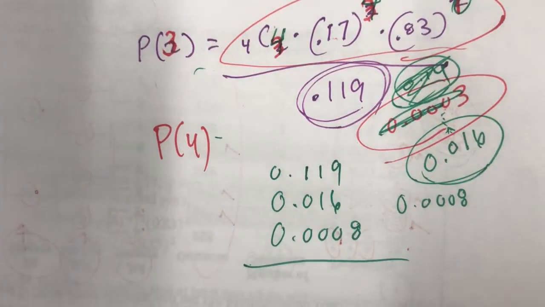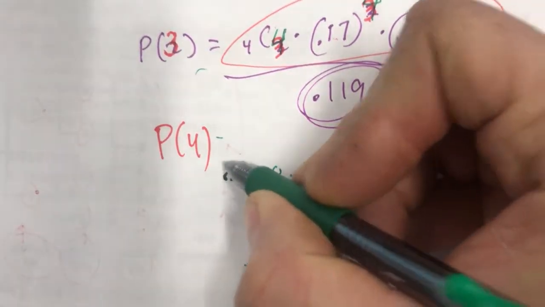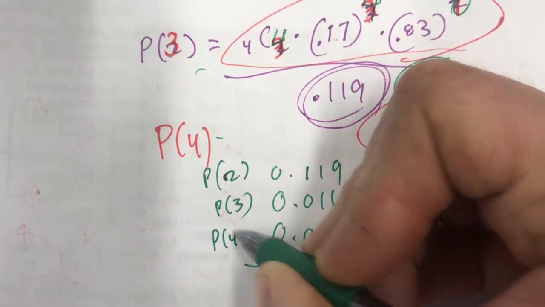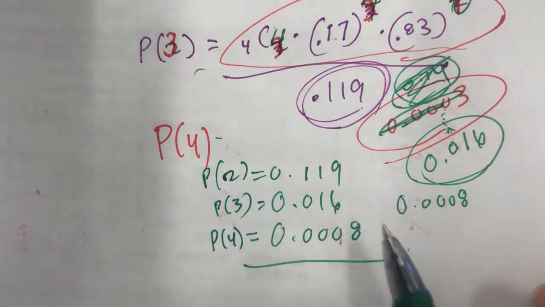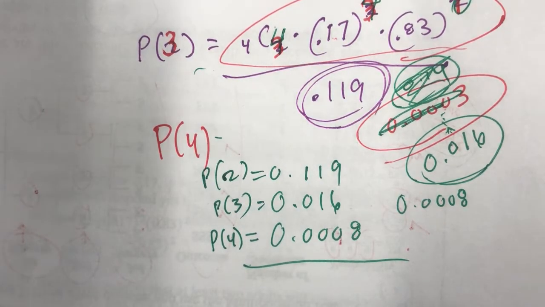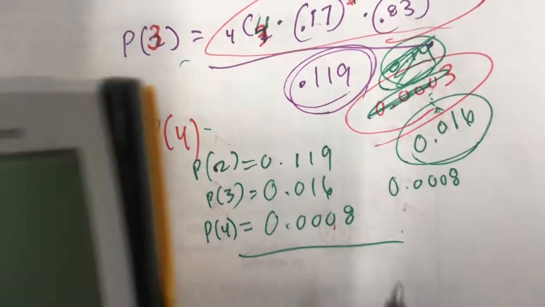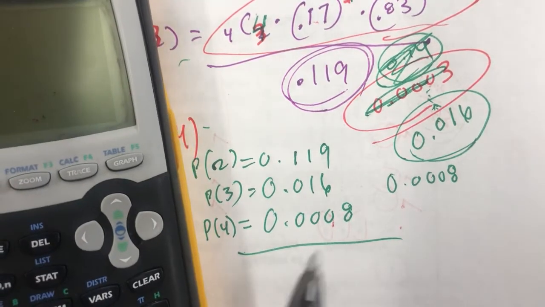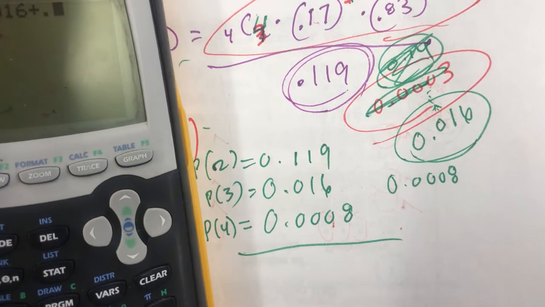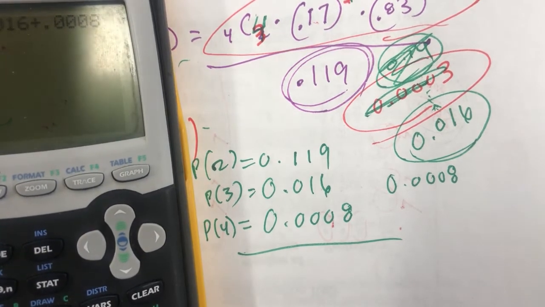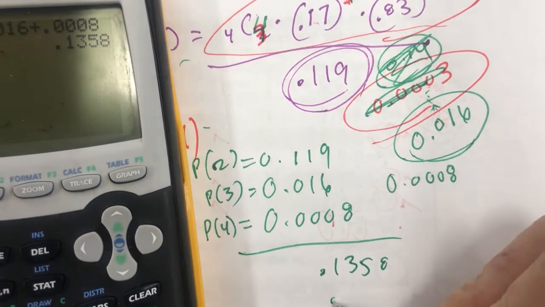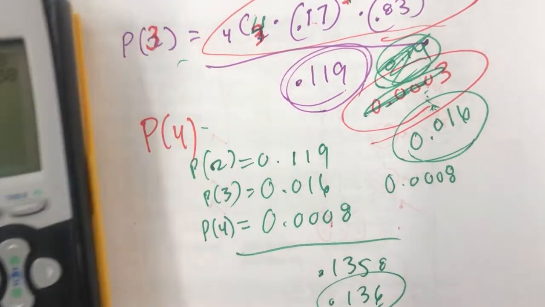So I just add those up, because here's a probability for 2, for 3, and for 4, and I would add these together because the question asked 2 or more. So 0.119 plus 0.016 plus 0.0008, and I get 0.1358, which would be 0.136, I believe.